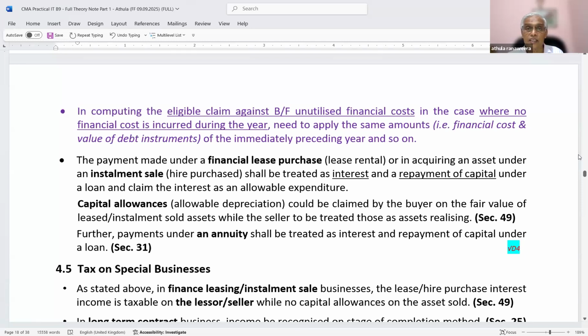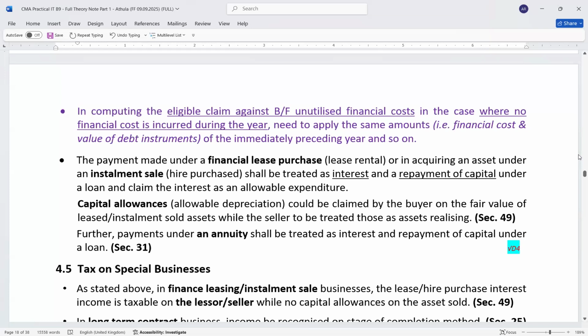Now, whether it is assessable income from business or assessable income from investment, either case, the interest cost on that borrowing is allowable.